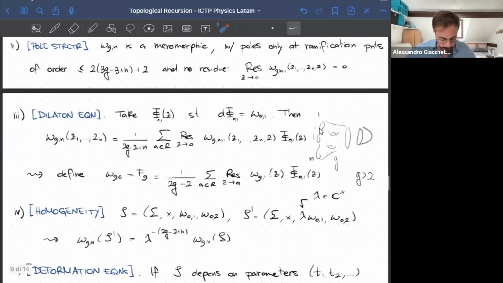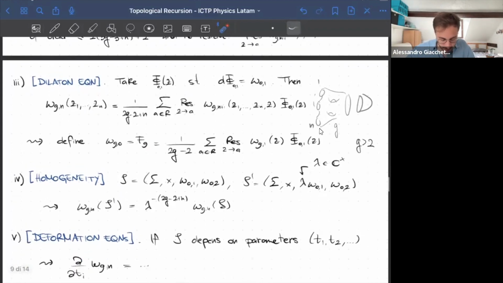All right. Another property satisfied by these omega g,n is a certain homogeneity property. And this says the following. Imagine you start from a given spectral curve, and now you consider another spectral curve with the same data, but you rescaled omega 01 by a non-zero scalar lambda.